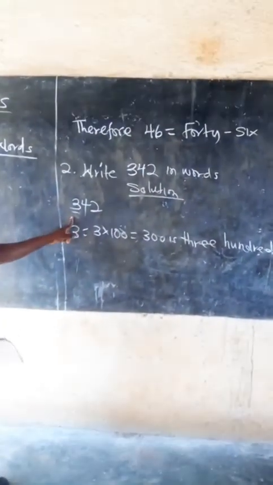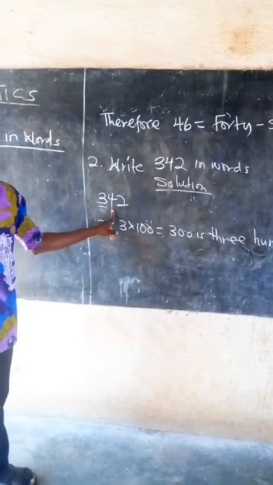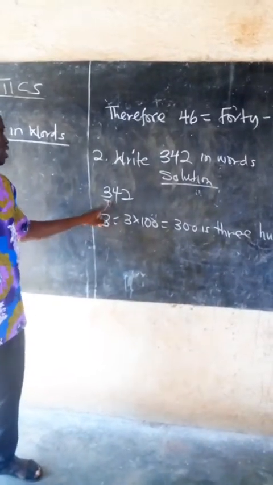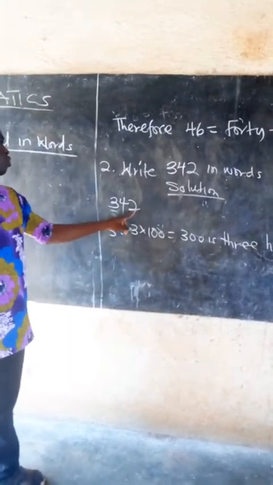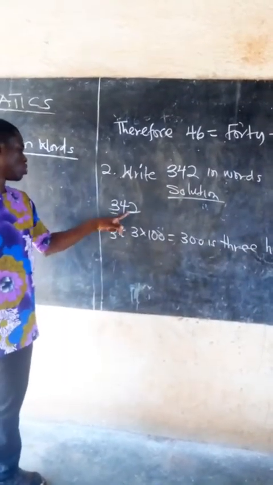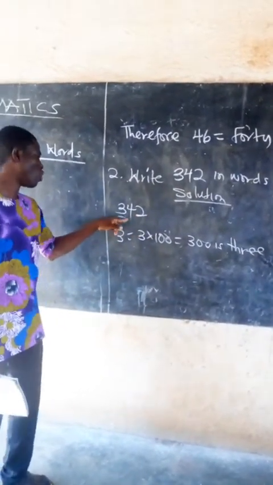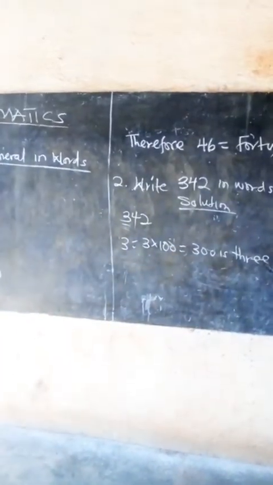and from 3 we move to 4. We have 42, which has only two digits following the 3. So the 2 will turn to 0, and 4 will fall within tens.